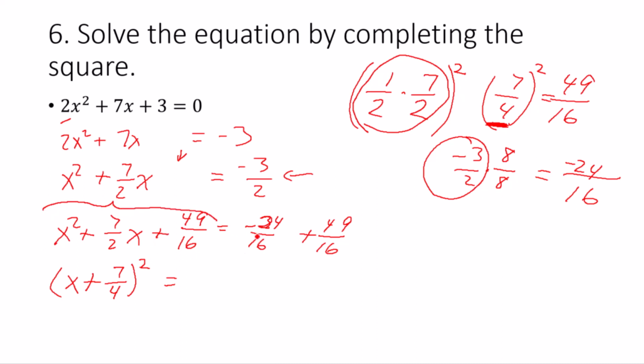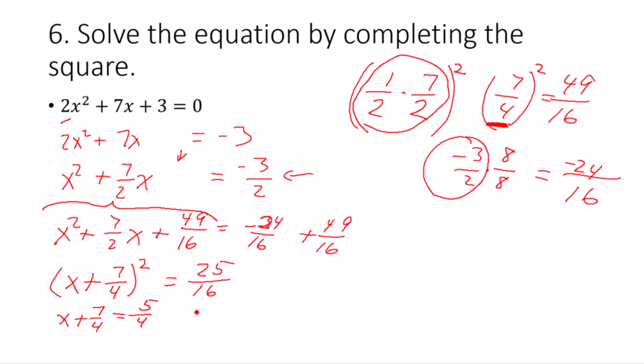Now, what does that give me? On the other side, I've already set it up so I can add those two fractions pretty easily. And I end up with 25/16. And I'm ready to go. Next, square root of the left-hand side is x plus 7/4 equals square root of the right side is 5/4.